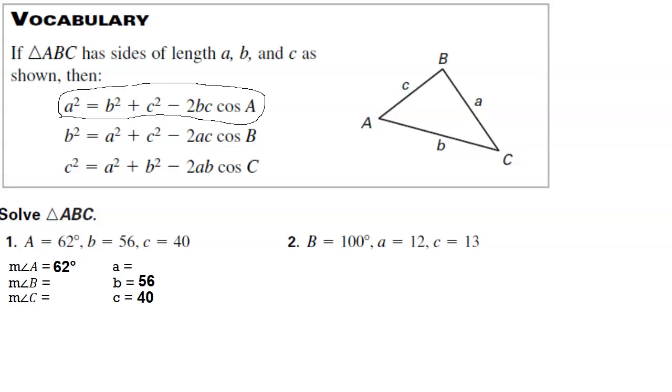Now, the reason it looks like this, long story short, I could talk about this for 30 minutes, but I won't, is that the Pythagorean theorem itself only works on right triangles. So, if you're not using a right triangle, you have to adjust the Pythagorean theorem to make up for the inaccuracy.